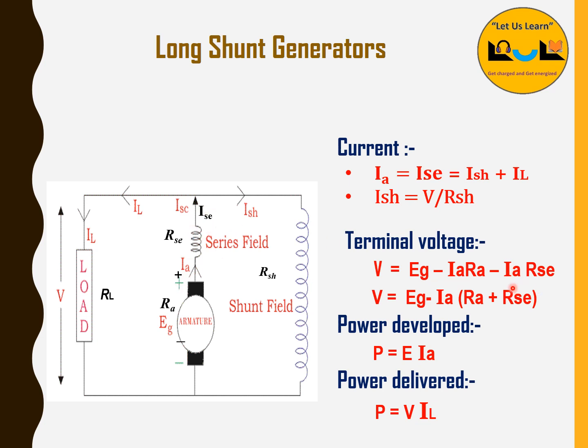So instead of ISE, I can replace Ia. If I take minus Ia as common, V is equal to Eg minus Ia into Ra plus RSE. So the final equation for the terminal voltage is V equal to Eg minus Ia into Ra plus RSE, and power developed P is equal to E into Ia, and power delivered is equal to V into IL, that is the load current.